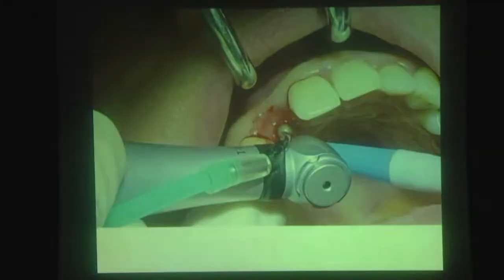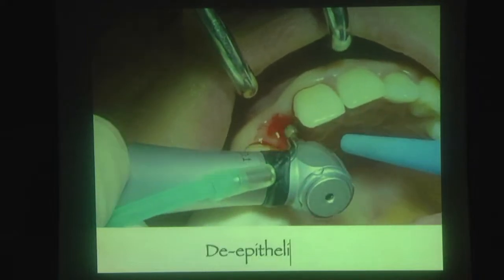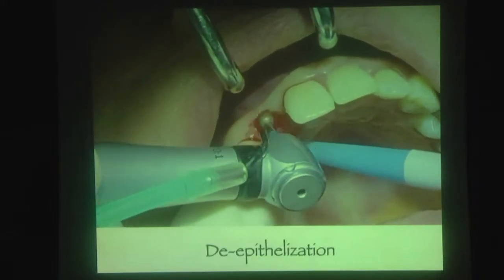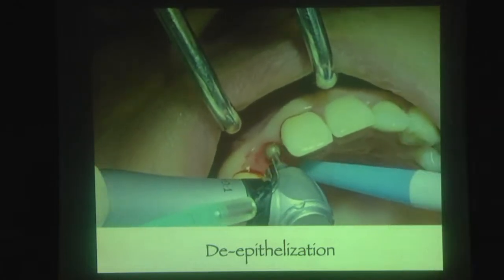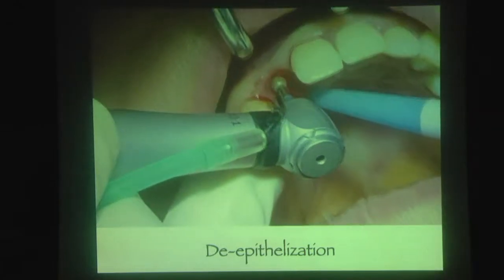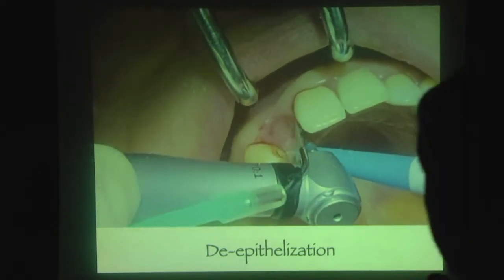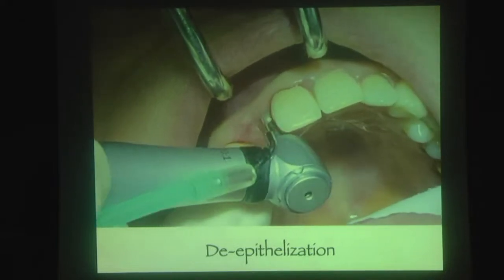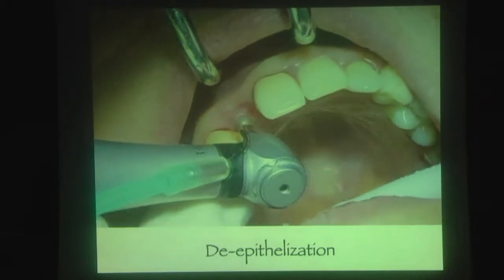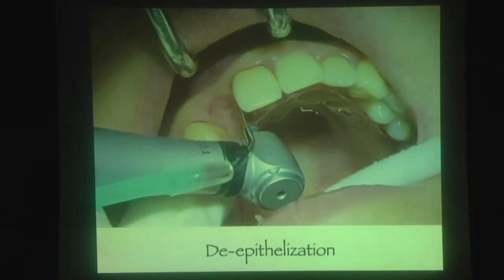We do it this way. Look, with a diamond burr, before the surgery, after making the anesthesia, we make de-epithelialization, okay? We didn't make any incision. The de-epithelialization is very important. Why? Because in the soft tissue healing procedure, with epithelium to epithelium, nothing is going to happen.